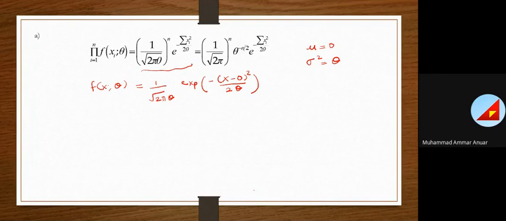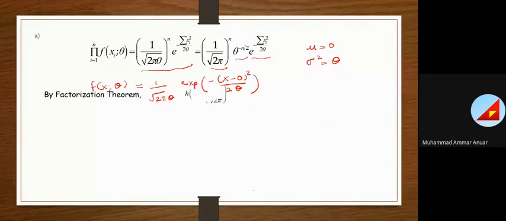So here I split: 1 over square root 2 pi to the power n, and theta to the power negative n over 2, because square root is the power of a half. So you bring it up and have theta to the power minus n over 2, and then exponential negative summation xi square over 2 theta. We split it: one part depends on theta, the other does not, based on the factorization theorem.